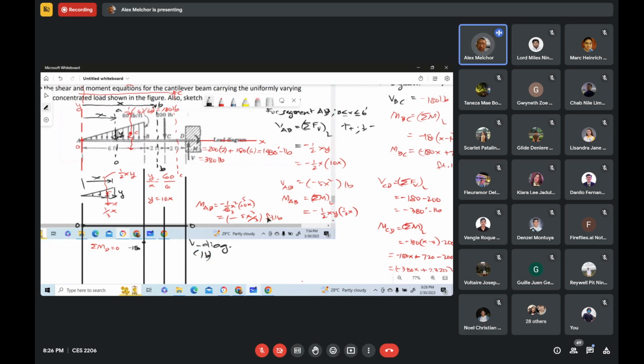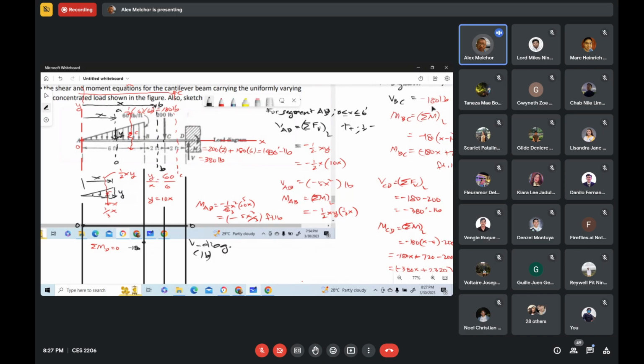And then what is the shear right at an infinitesimal distance to the left of C? A very short distance to the left of C is within BC. We use the shear equation for BC.